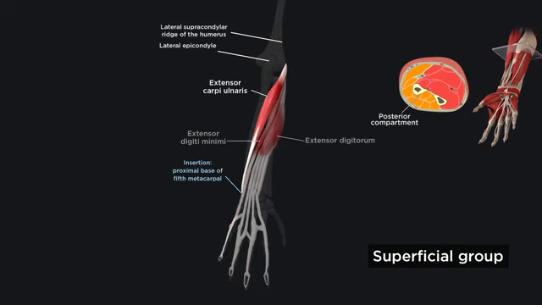Extensor carpi ulnaris is at the medial edge of the posterior forearm, and it inserts on the proximal base of the fifth metacarpal. That's the bone of the palm on the little finger side. In addition to extending the wrist, extensor carpi ulnaris causes wrist adduction or ulnar deviation.